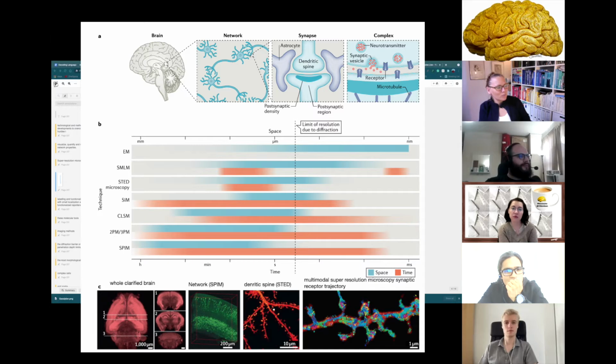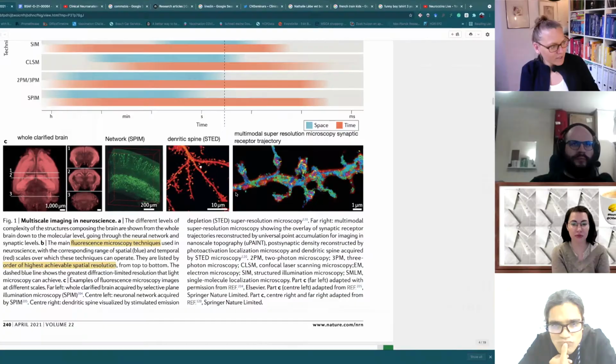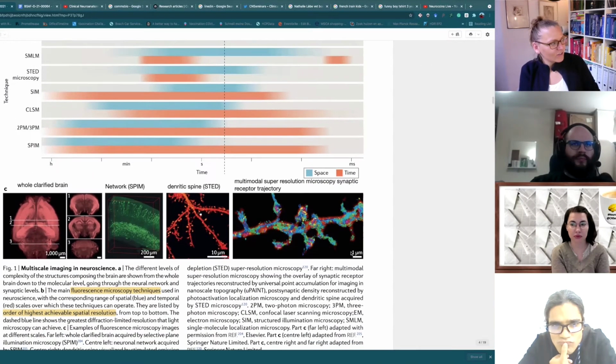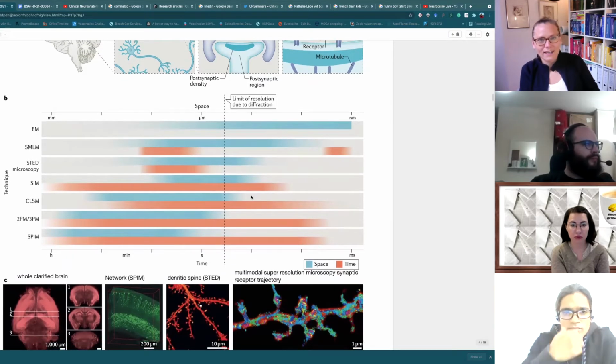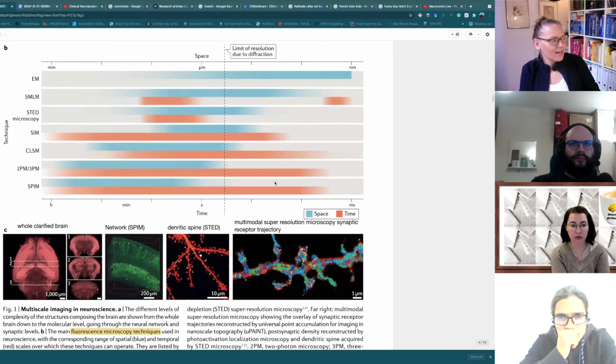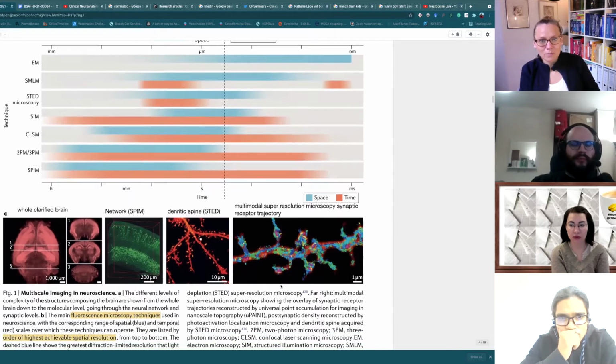And then even here, a beautiful image that I have to admit is out of my comfort zone in terms of what we're imaging, because we just do not get this amazing resolution with our machines at the moment. But this is a multimodal super resolution microscopy of the synaptic receptor trajectory where several methods were overlaid. So this to me is just a stunning figure that summarizes nicely what we can and cannot do with the different methods, and the level of detail that we can then get for our imaging.